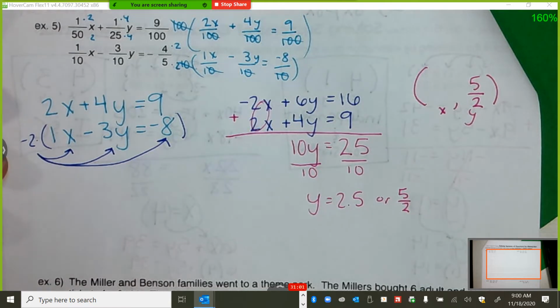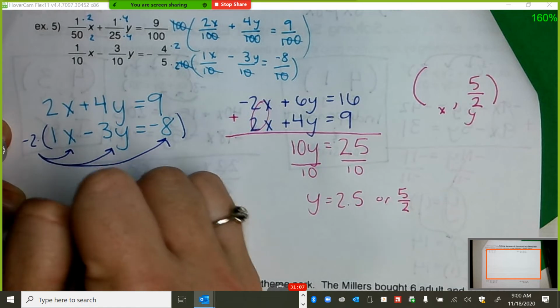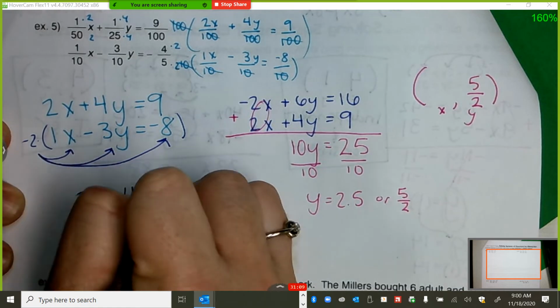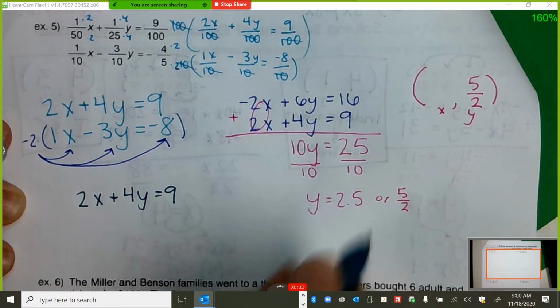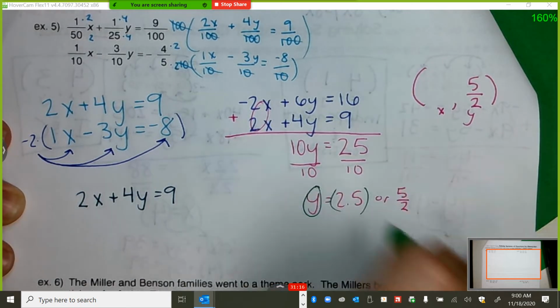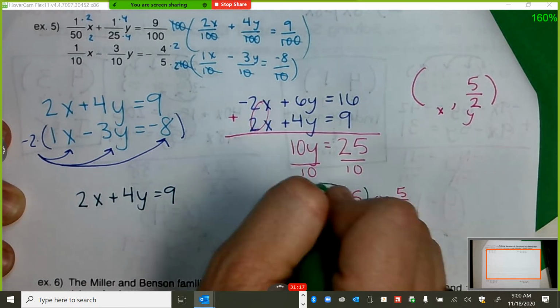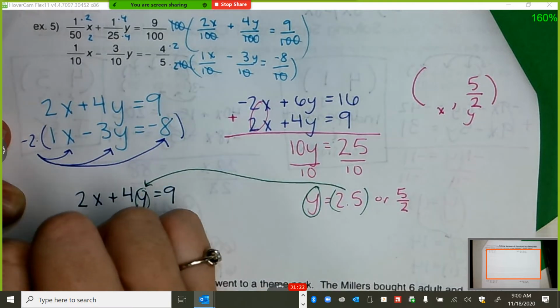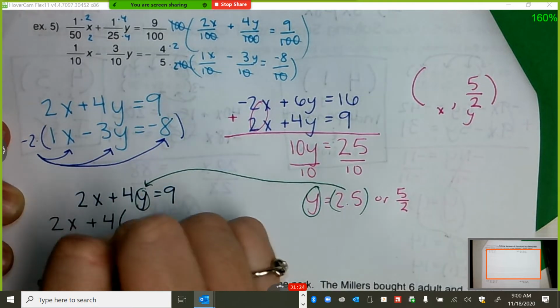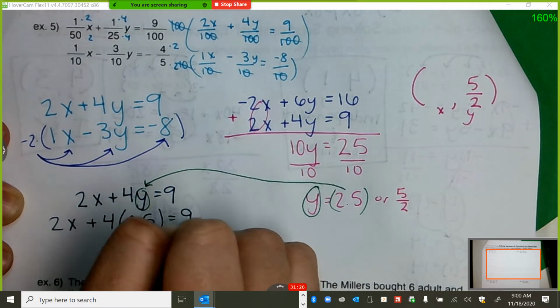So we're going to do 2x plus 4y equals 9. And we're going to replace y with 2.5 or 5 over 2, doesn't matter. Okay, and we get 2x plus 4 times 2.5 equals 9.